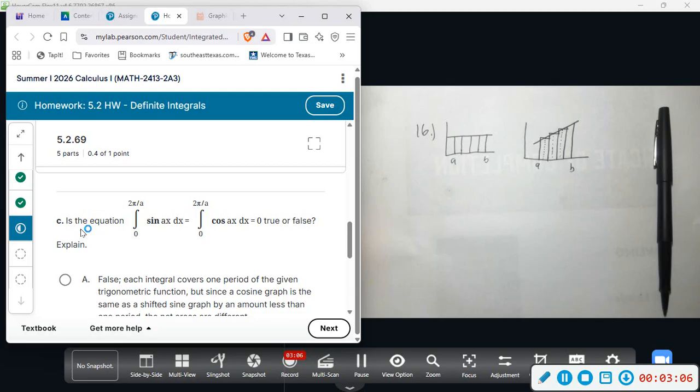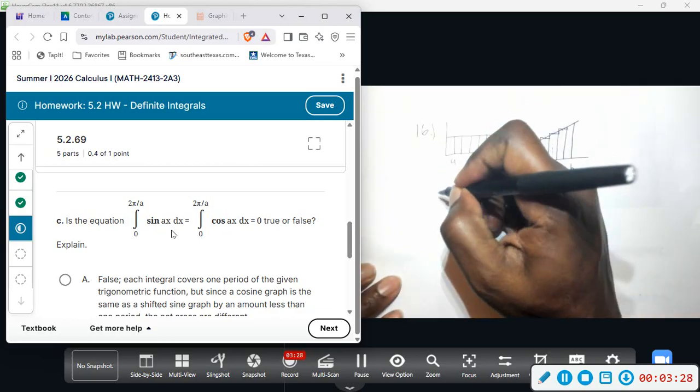All right, part 3 says, is the equation, the integral from 0 to 2 pi over a of sine ax dx, equal to the integral of cosine ax dx, true or false? Are these two equal? We'll say yes.